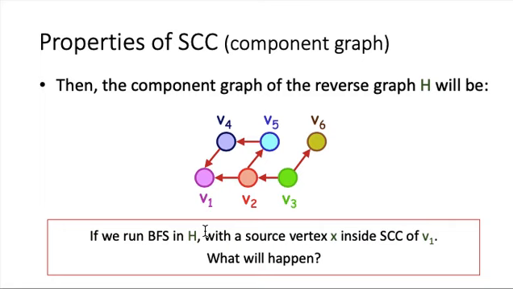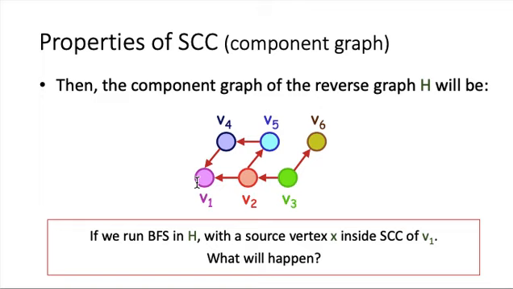Okay, now let us consider the following question. Let's focus on this particular example. Let's look at this V1. V1 in this component graph does not have any outgoing edges, and V1 may correspond to a bunch of vertices in the original graph.